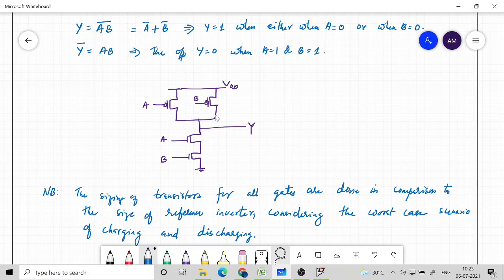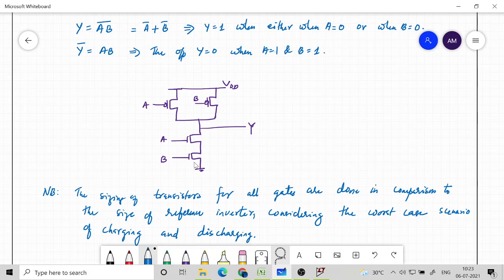If A and B both are 0 and both PMOS transistors are turned on, the charging will be done through both paths, so high current can flow. That is not the worst case. The worst case is only when one of the transistors is turned on, and therefore you have a limited way in which current can flow. And what is the worst case for A and B?